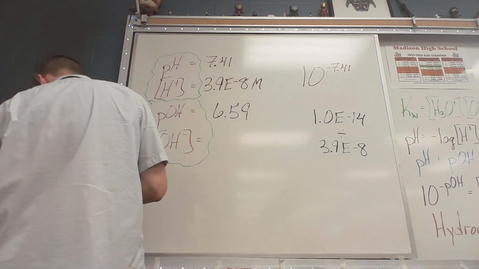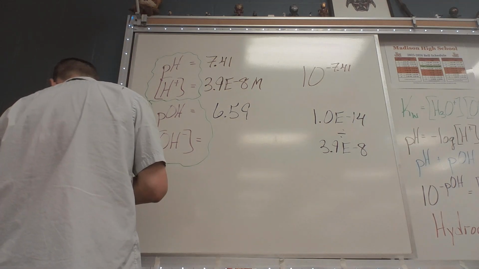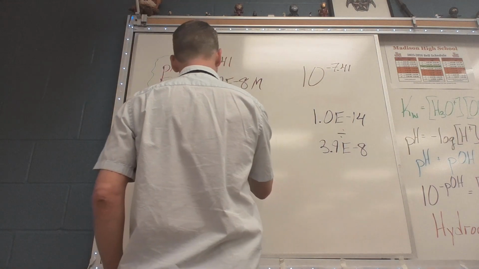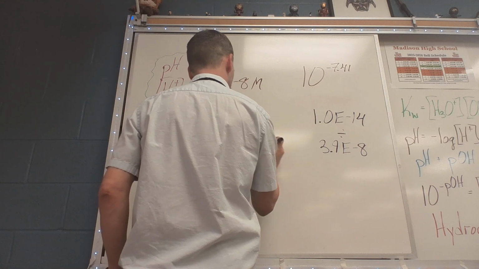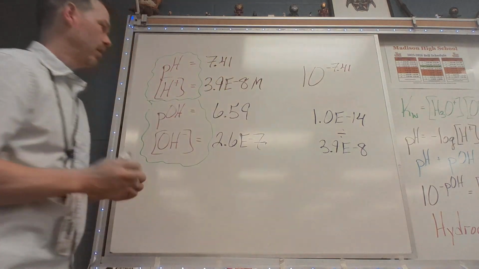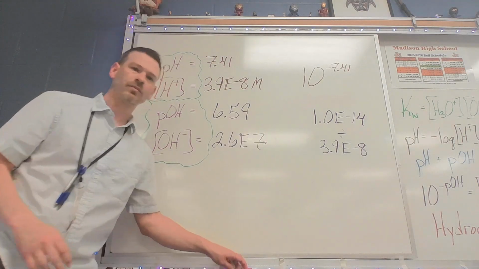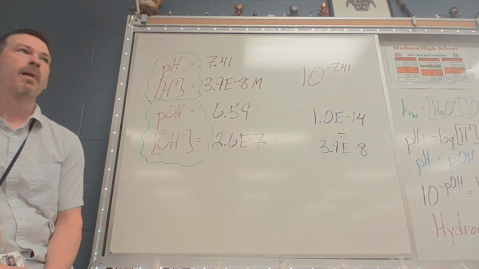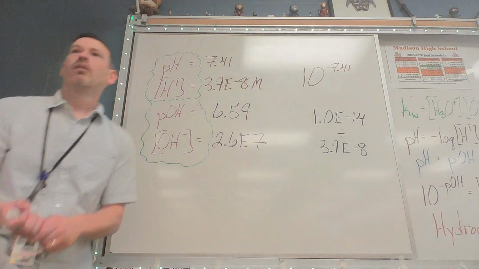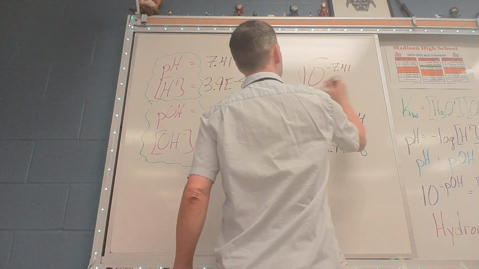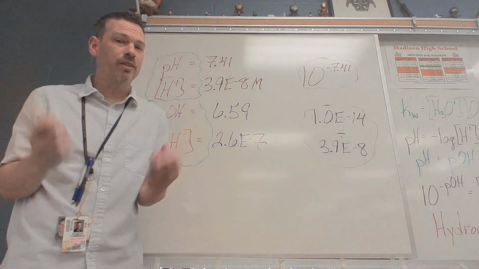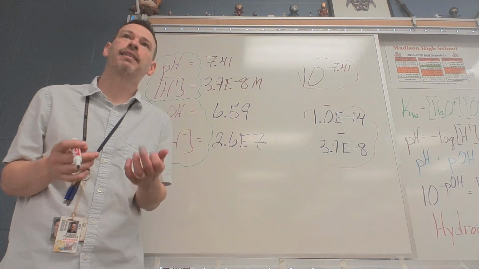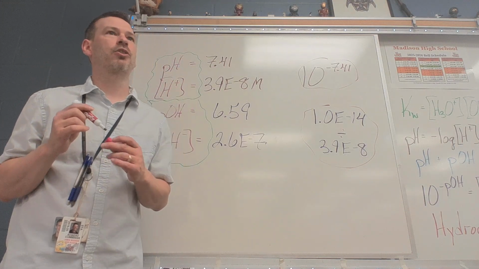And in this case, I get an answer of 2.6e negative 7. So this method and this method get you to the same answer, but it's good to have them both in your bag of tricks in case College Board gets creative on you.